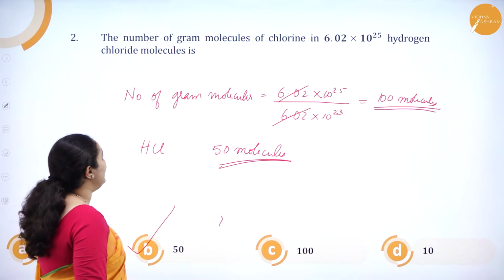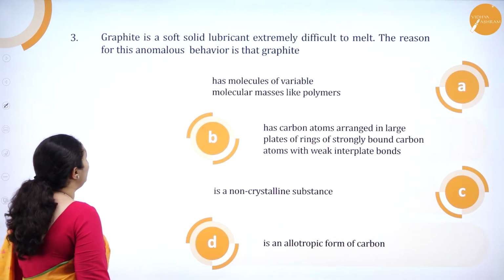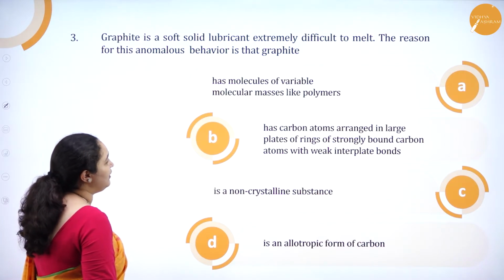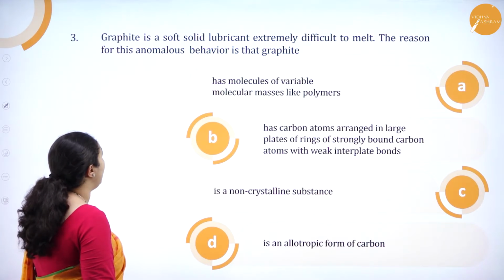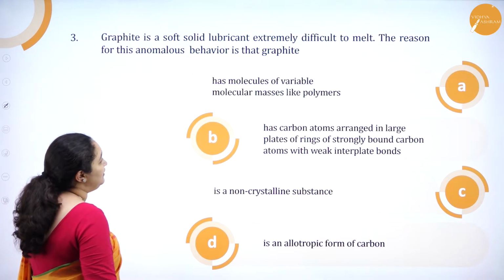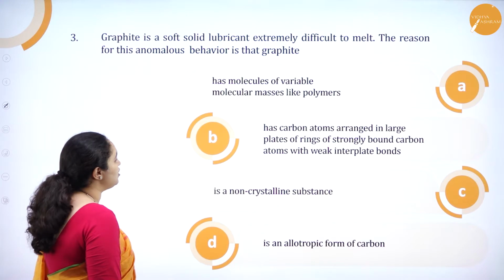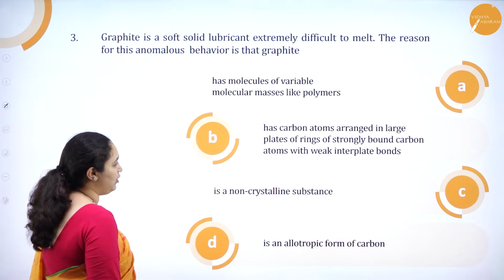Next question. Graphite is a soft, solid lubricant, extremely difficult to melt. The reason for this anomalous behavior is that graphite, option A, has molecules of variable molecular masses like polymers.